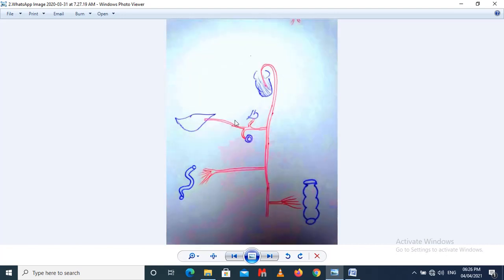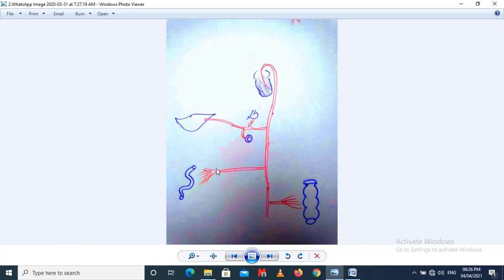Later on, it also gave a branch over here, and this branch is called the superior mesenteric artery, which majorly supplies blood to the small intestine. It supplies blood to the small intestine and some part of the large intestine also, but majorly to the small intestine. That's why I have made the small intestine over here.